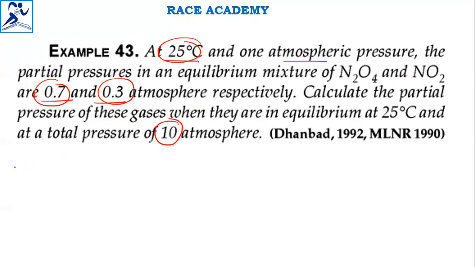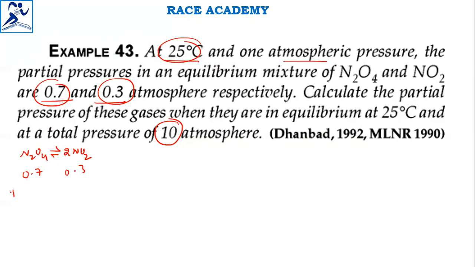So the point is very clear that when you have taken the N2O4 equation, as usual, N2O4 dissociation is 2NO2. In this, number of moles at equilibrium directly given is 0.7 for N2O4 and 0.3 for NO2.